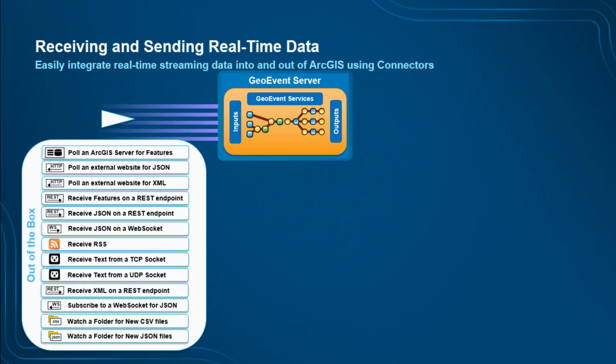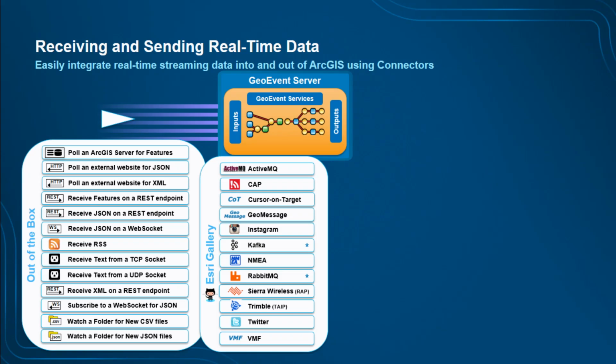Some of the common ones would be to watch a TCP port, or listen on a WebSocket or a REST endpoint for client applications to send in XML or JSON or comma separated values, whatever the case might be, or to actively poll on regular intervals, say a feature service or a web page for data.